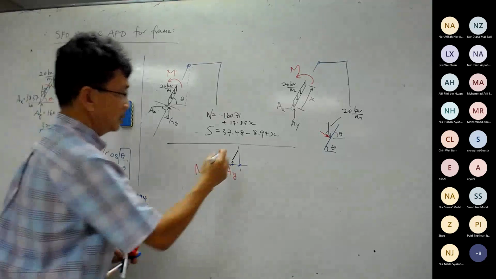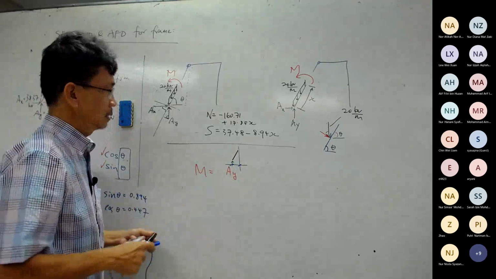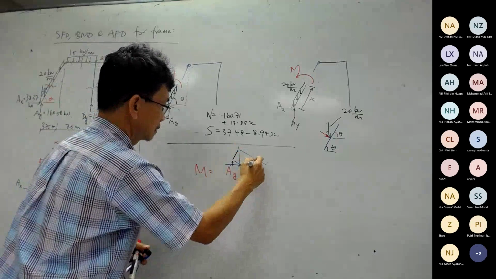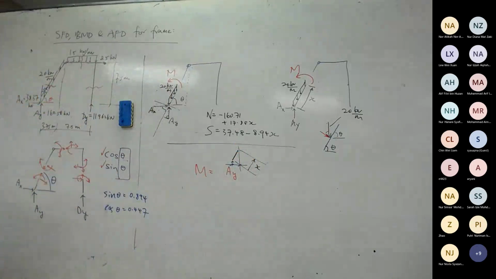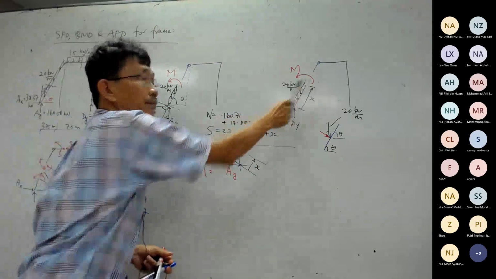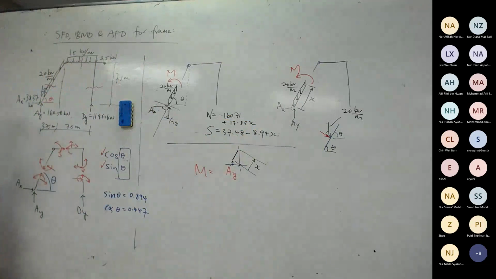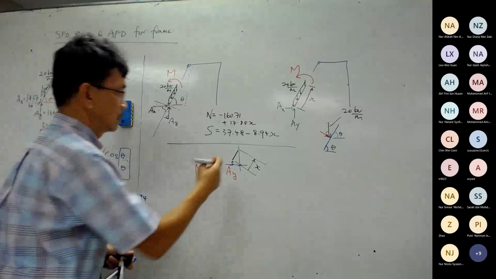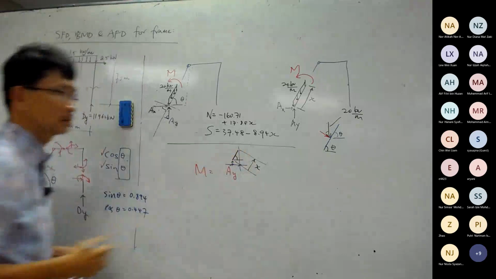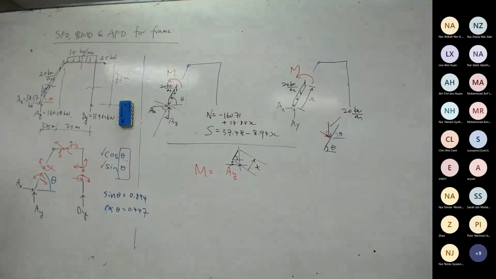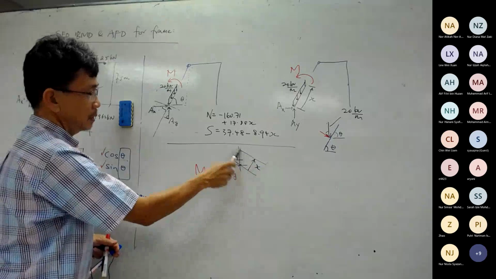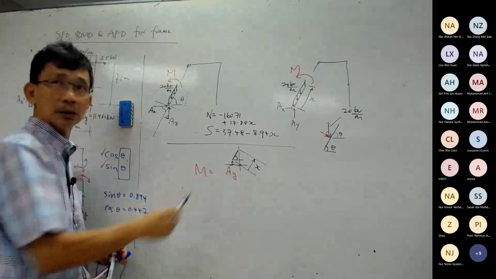And remember, this is x. The perpendicular distance is this, and this is theta. The angle is theta. So this perpendicular distance will be x cos theta.